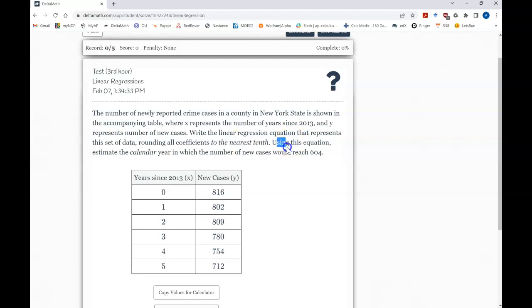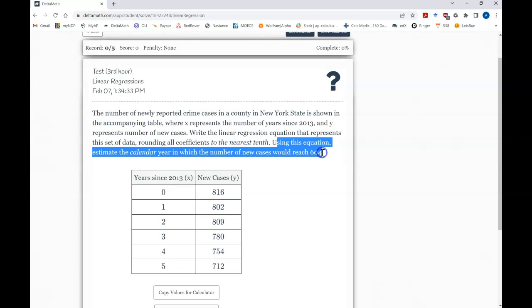And then 2, be careful with the prediction. Here we're asked to estimate the calendar year, so you're asked to get an X value when the new cases are 604, when you're given a Y value. So you have to plug Y into your equation, then solve for X in this case. Sometimes you're going to be plugging in a Y and solving for X. Sometimes you're going to be plugging an X in to evaluate to get a Y.